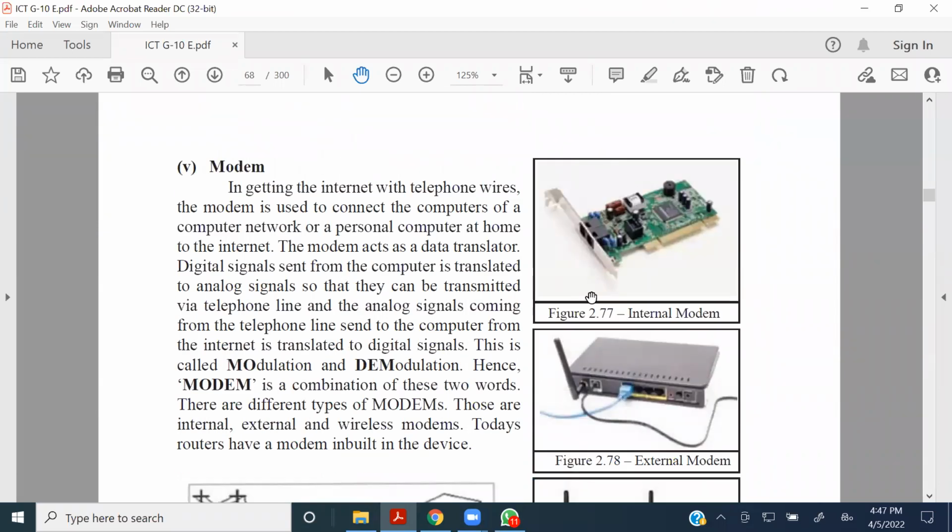So modem, as we discussed, is used to connect with the internet. Nowadays, we are heavily using routers to do this. The modem is the one that can convert digital signal into analog signal, and vice versa, right?